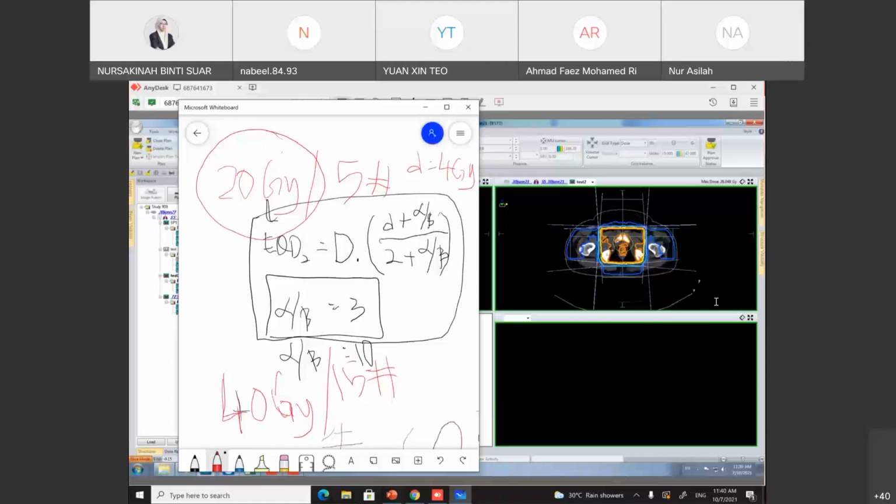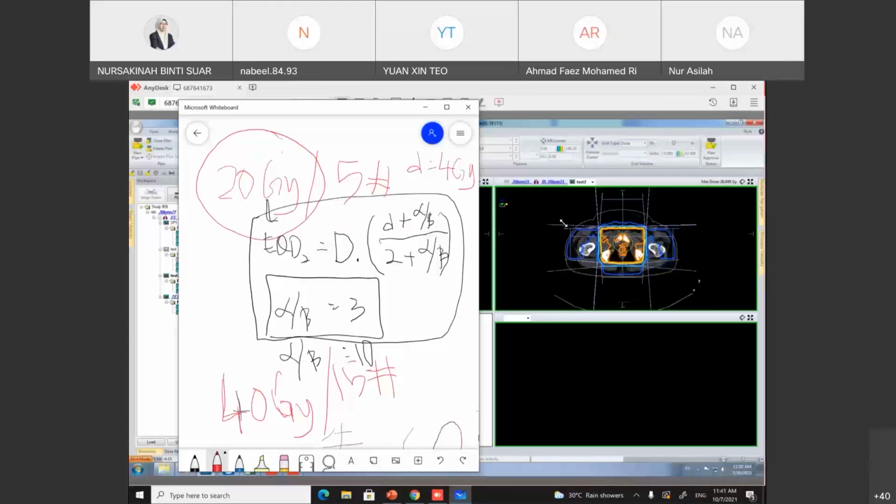I believe you all already learned the gap correction, but maybe when you work you will relearn it again. The theory is a bit difficult to apply in actual situations, but this equivalent dose is super important. So just memorize this formula.